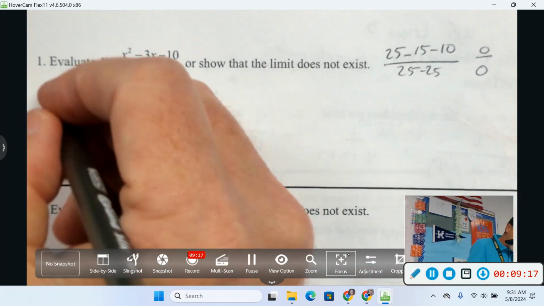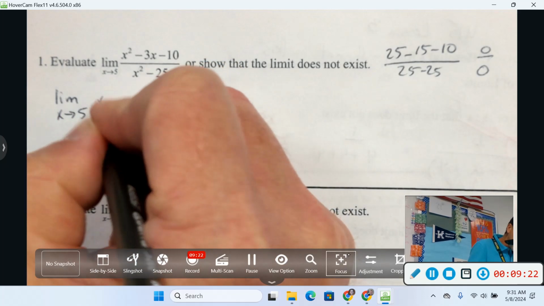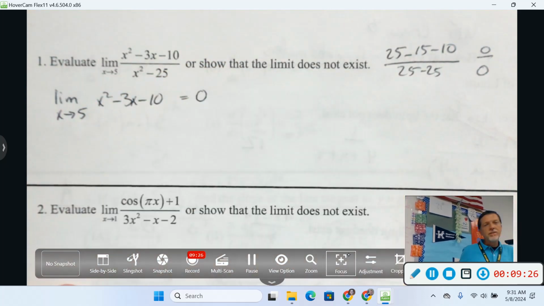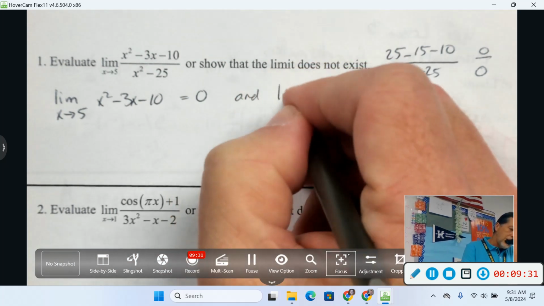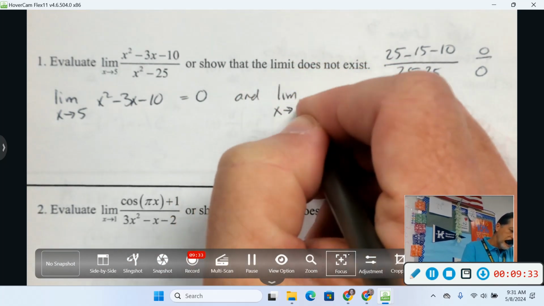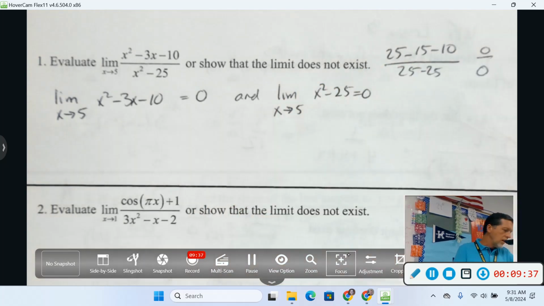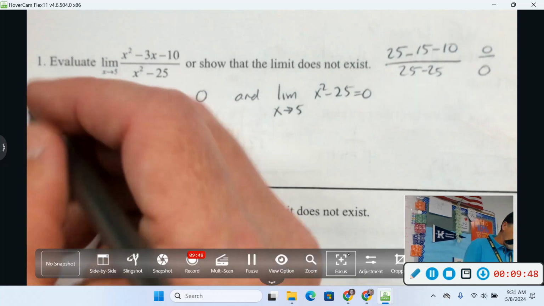It's annoying, you're not going to like it, but you have to take the time to write out each individual limit: the top is 0, and the bottom is 0. So if the top is 0 and the bottom is 0, then we can use L'Hopital.